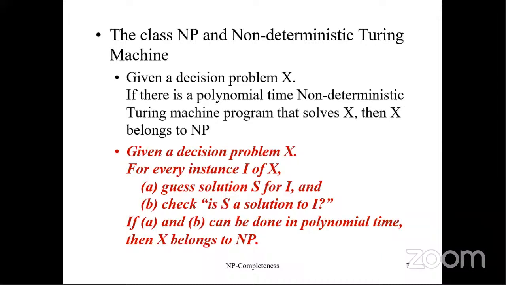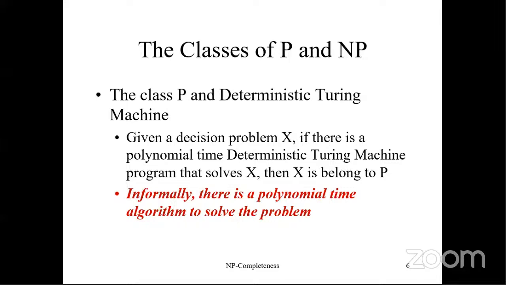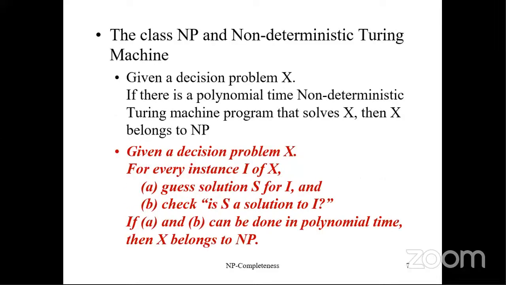Remember, when it is deterministic, it belongs to P, and when it is not deterministic, we say, as an example, given a decision problem X, for every instance I in X, you guess a solution S for I, and check if S is a solution to I. If A and B can be done in polynomial time, then X belongs to NP.